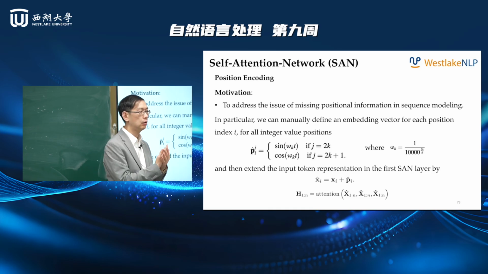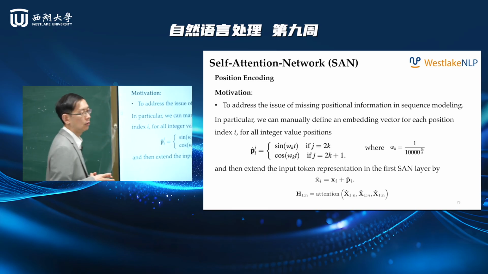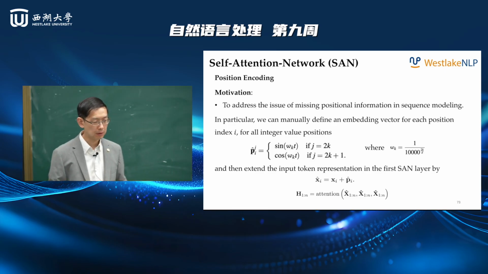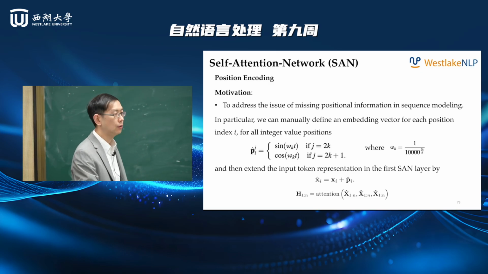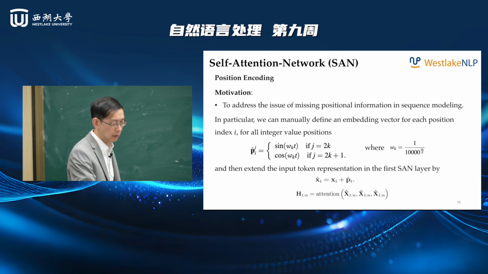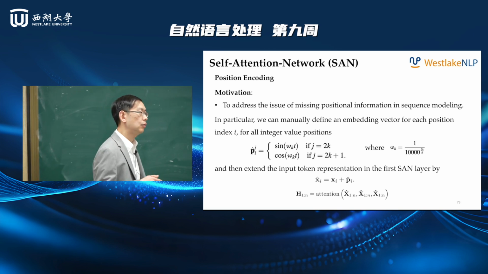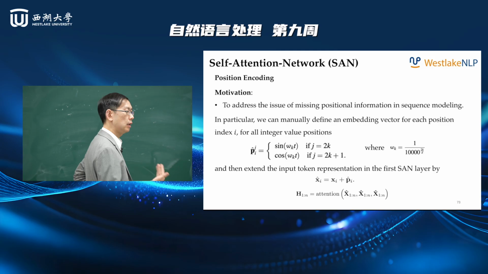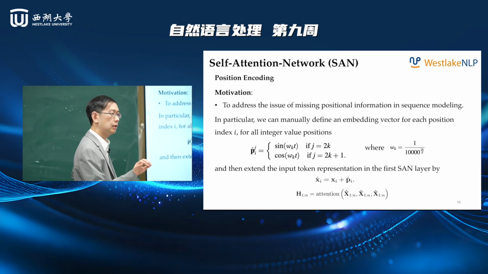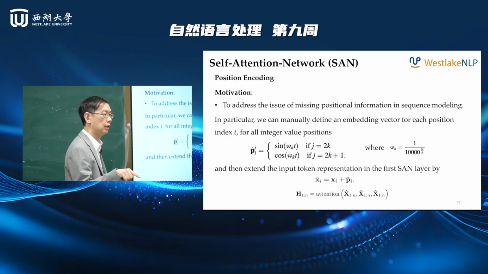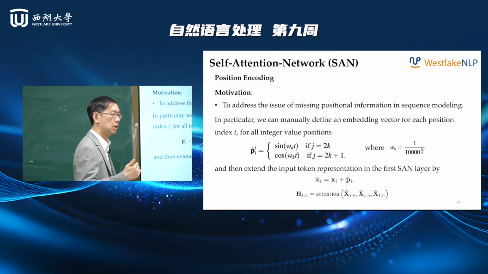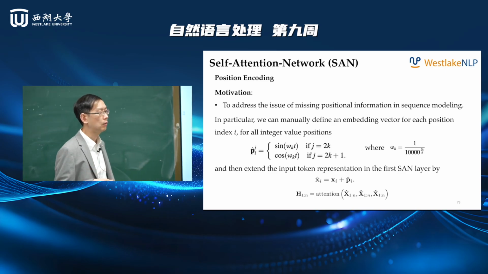So I aggregate you according to relative positions, absolute positions. How do you represent a position as a vector? I can do it the same way as word embeddings. I can randomly initialize a vector for every integer position, and train the position embeddings as my neural network parameters. That's one way.